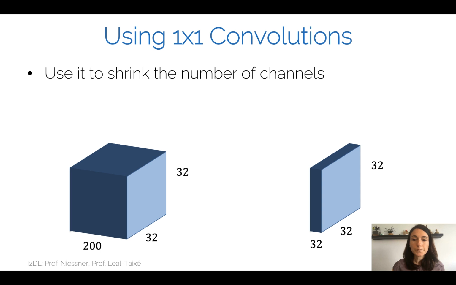What we can do is first use 1 by 1 convolutions to shrink only the depth, but keeping the spatial resolution. We can easily do this with 1 by 1 convolutions, which are going to act on the whole depth of the activation map. Therefore, they're going to have 200 weights, 1 by 1 by 200.